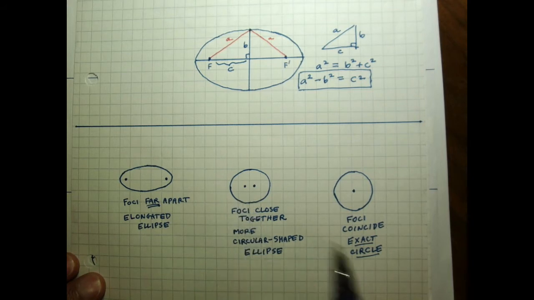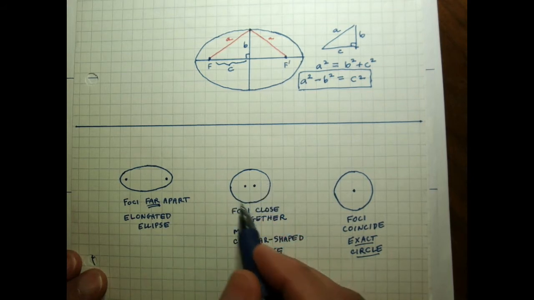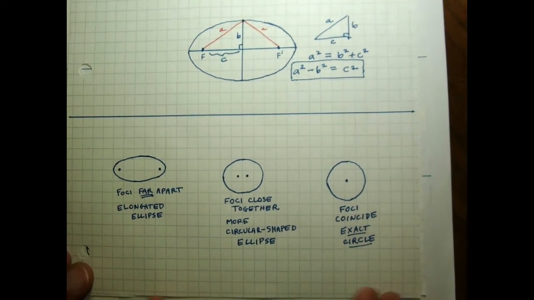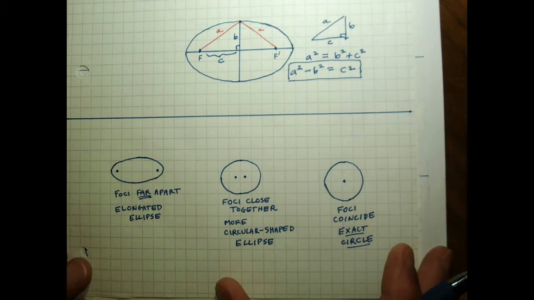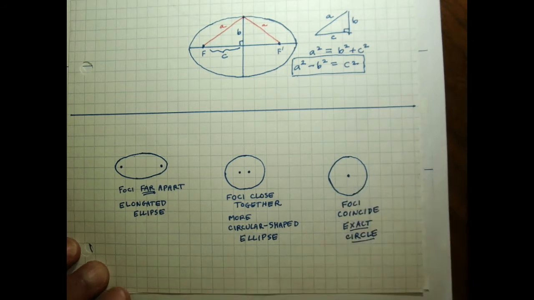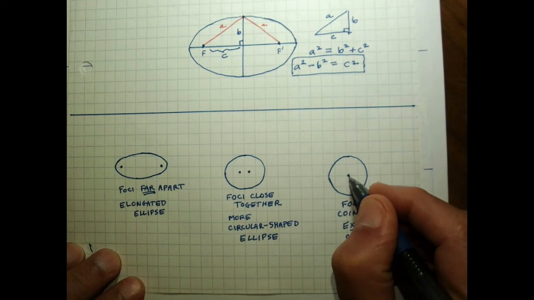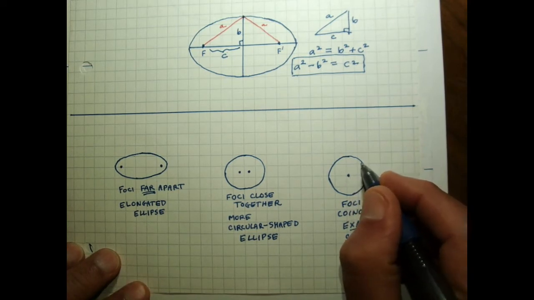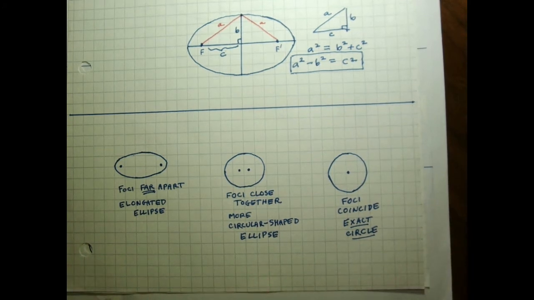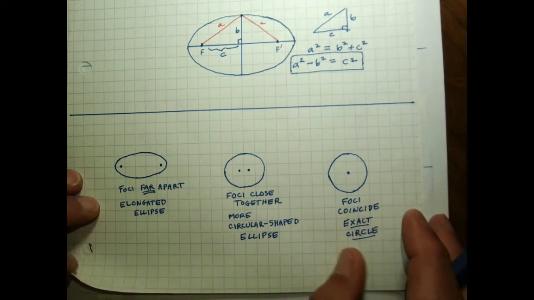But if the foci are close together, the ellipse is going to have a shape that's almost circular. In fact, you almost can't even tell the difference between an ellipse of that kind and a circle. And then an interesting thought is if the foci coincide, so if F and F prime are at the same point, the curve you're going to trace out is an exact circle. So in a certain sense, a circle can be thought of as a special case of an ellipse where the two foci coincide at the center.